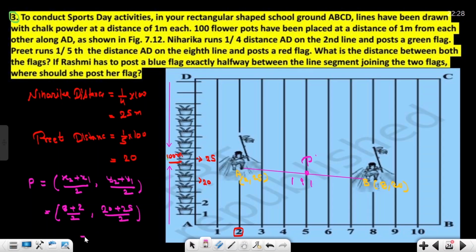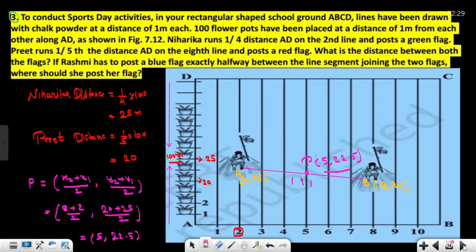Now 8 plus 2 is 10, 10 divided by 2 is 5. This is line number 5, which we already know. And 20 plus 25 is 45, 45 divided by 2 is 22.5. So the exact point is (5, 22.5). Where should she post her flag? At (5, 22.5).